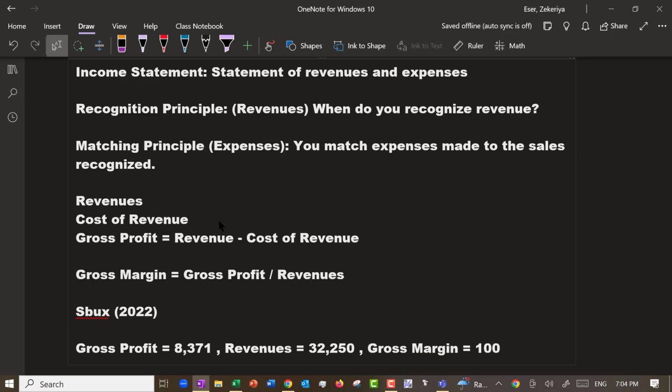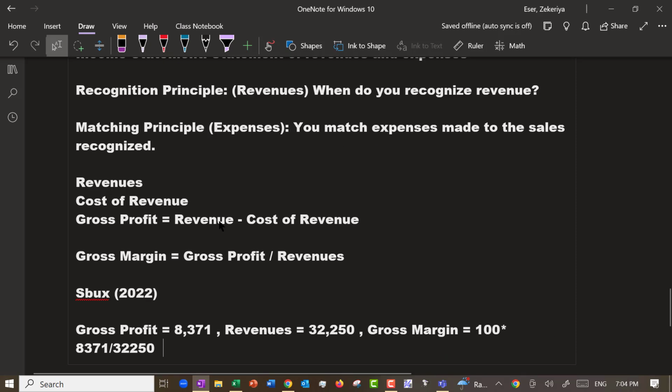I'm going to multiply it by 100 to get a percentage. About 26%. So for a $6 caramel macchiato, Starbucks gets to keep about $1.50 before they worry about anything else.